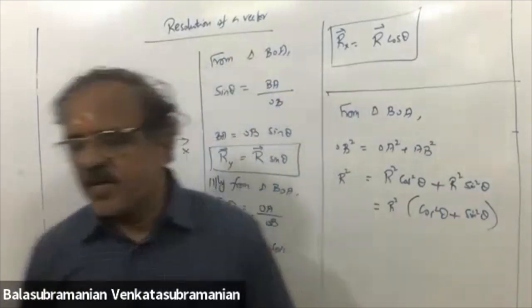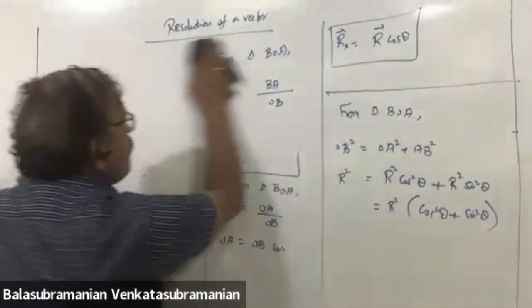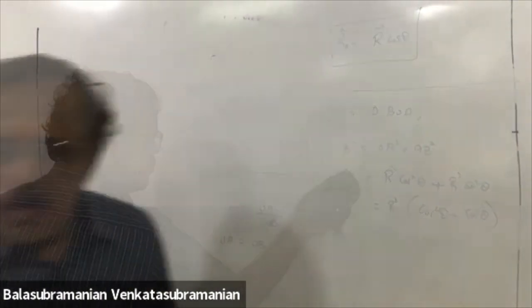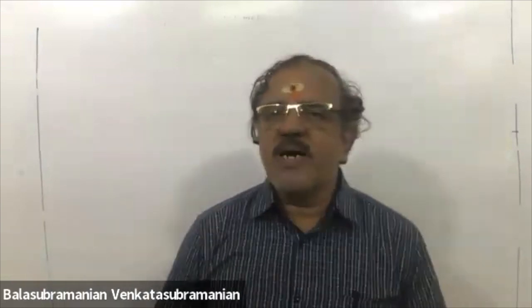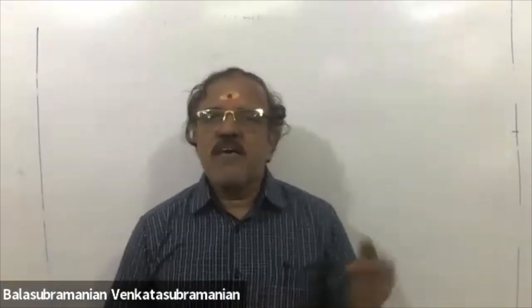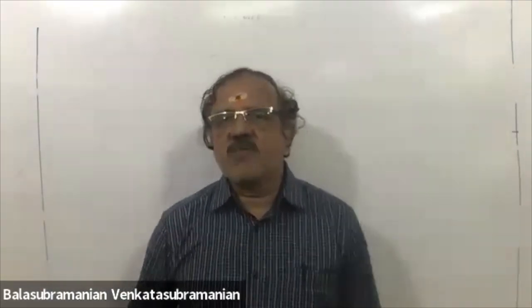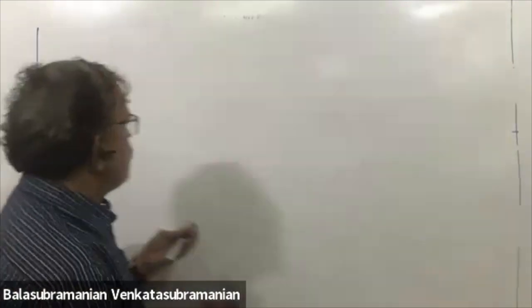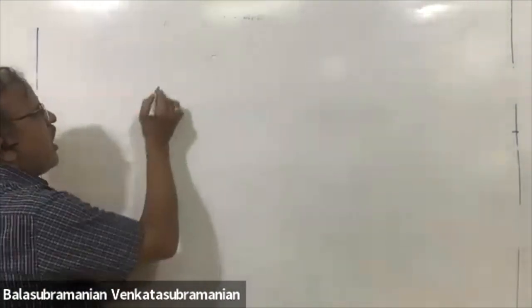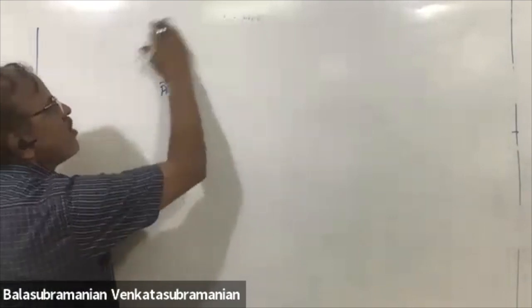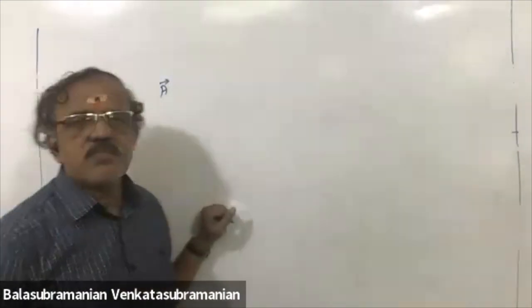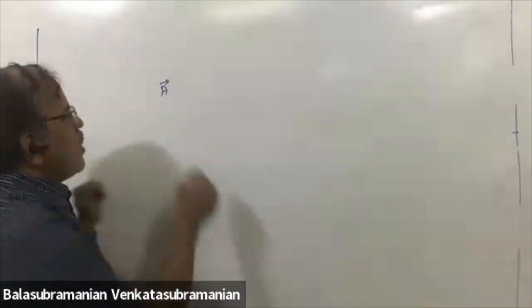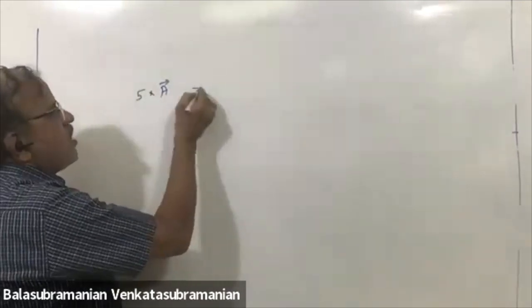Okay, fine. Multiplication of a vector by a scalar. Division of a vector by a scalar. Say I have a vector A. You are multiplying this by 5.